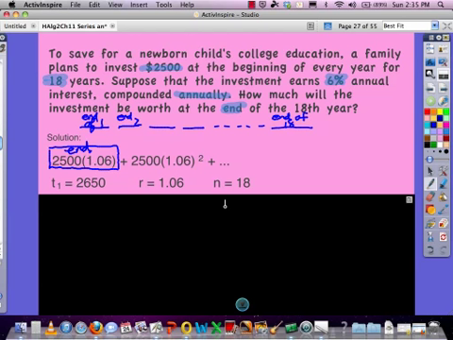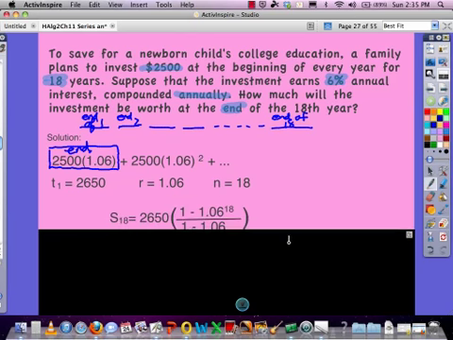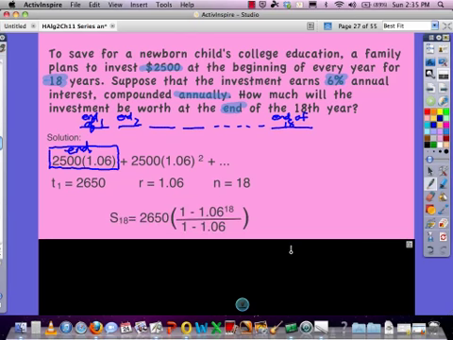So we found, I believe, our needed values, because now that geometric sequence formula comes into play, and we will go for it. We need the first 18 terms added together, and that means we take that first term and multiply it by 1 minus r to the power of n. We're looking for 18, so that power should be an 18, divided by 1 minus 1.06.